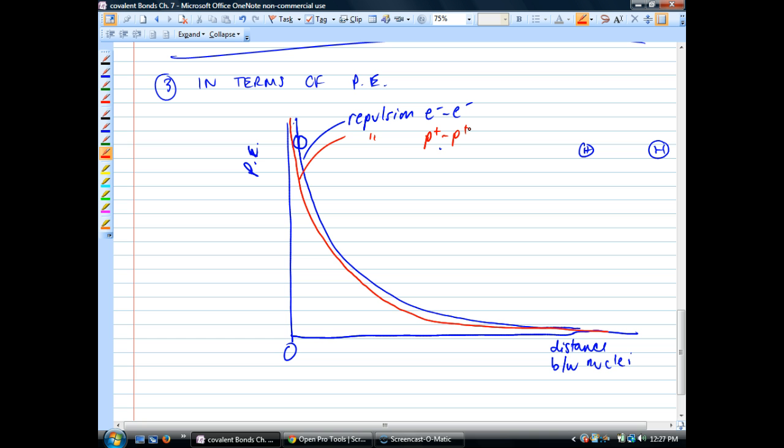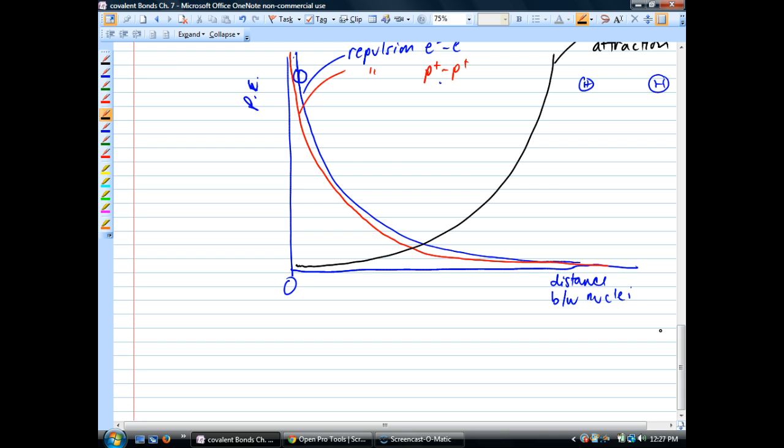But don't forget, we also have an attractive force acting in the opposite direction. This is electron to proton attraction. So in other words, we have the attraction of the electron of one atom to the proton of the other, to the nucleus of the other.